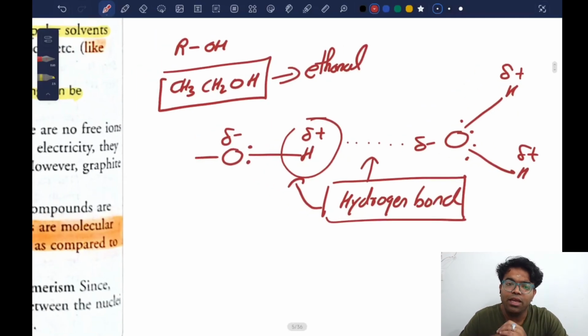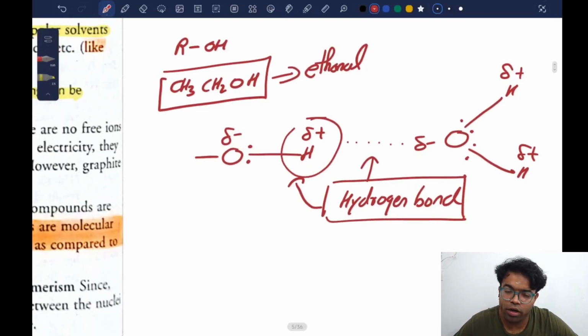Okay, so we know that ethanol is what? It's an organic molecule. Carbon is forming covalent bonds with all the hydrogen atoms. Now, the polarity in the carbon-hydrogen bond is cancelled out. So the only polarity that remains is that of oxygen and hydrogen.